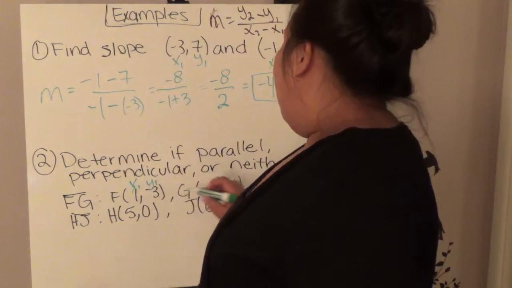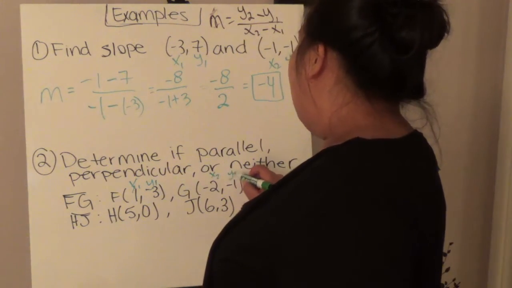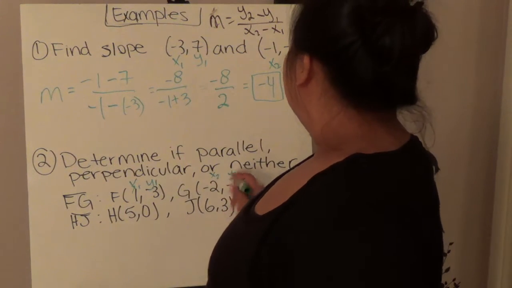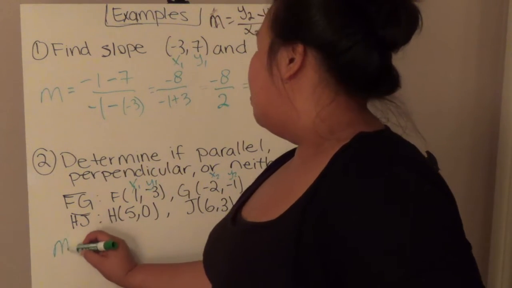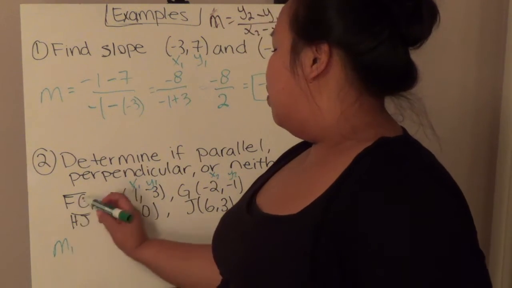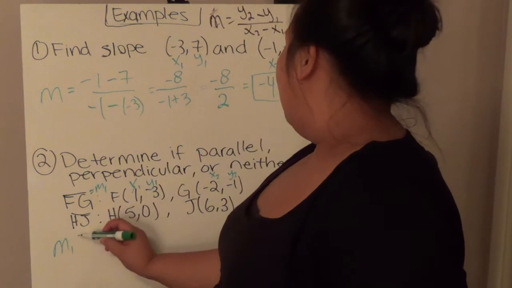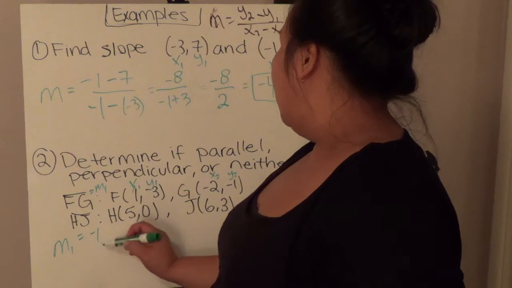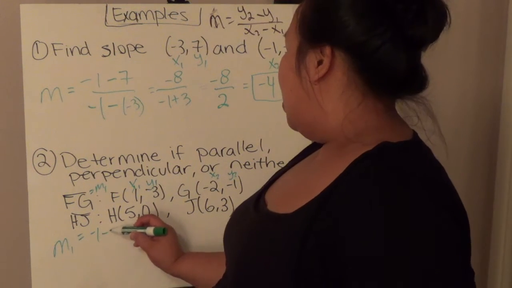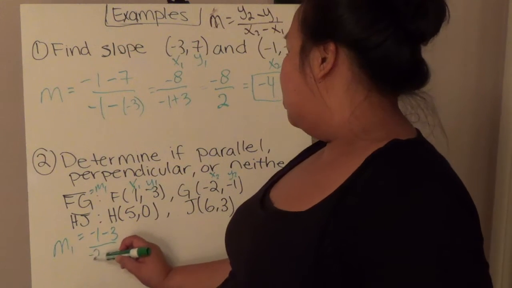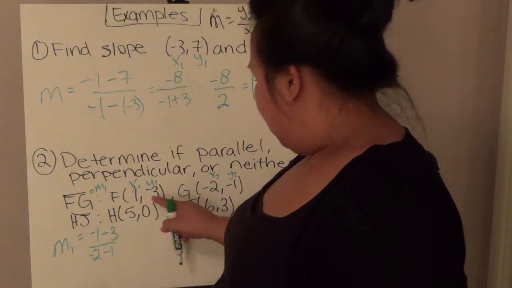This is x1, y1. This is x2, y2. So, my slope, I'm going to put m1, which is for this. Okay, FG, we're going to do m1. So y2 is -1, y1 is -3, over x2, which is -2, minus 1.